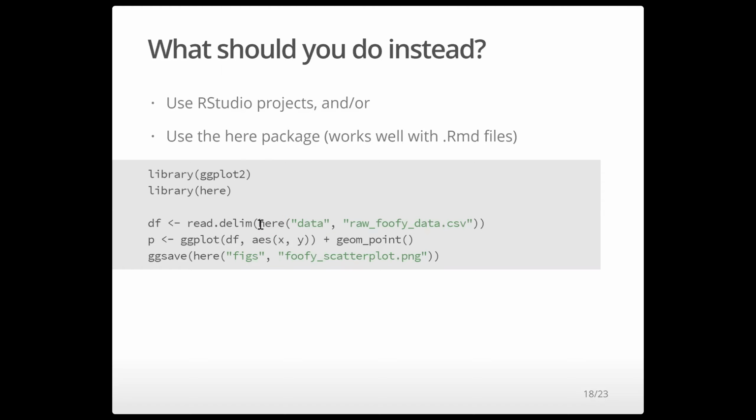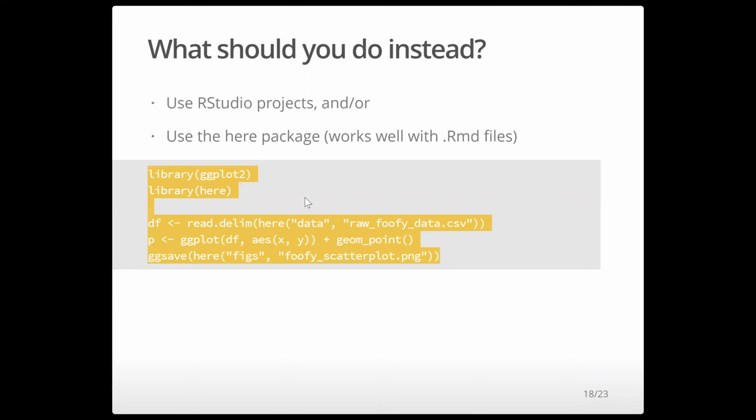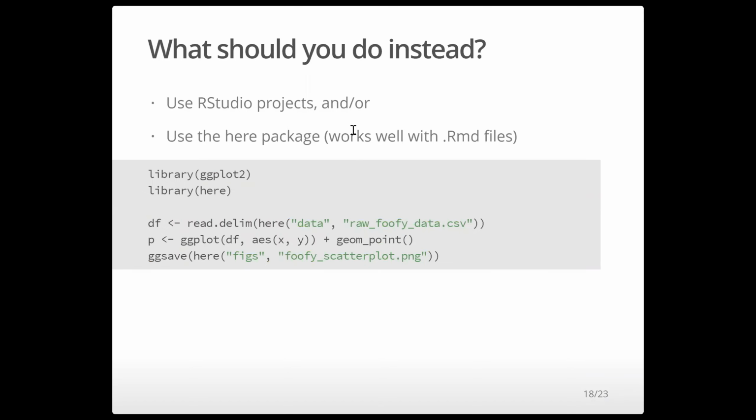For example, if there is a Git folder, or a .rproj file, or a .here file. That is a way to overcome the need of using set working directory. And this will just work for anyone you share the code with. And beautifully, it also works with R Markdown files that have a very weird notion of working directory.